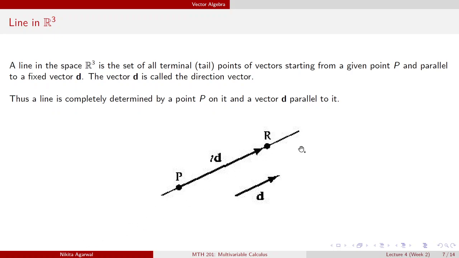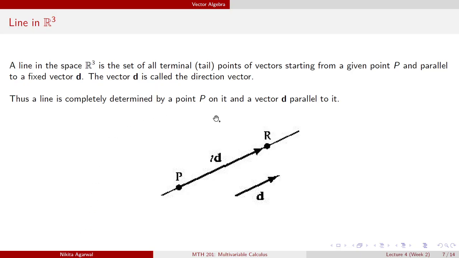If t is 0, then you are at the point P. If t is positive, you are on this side of P, and if t is negative, you are on this side of P, right?